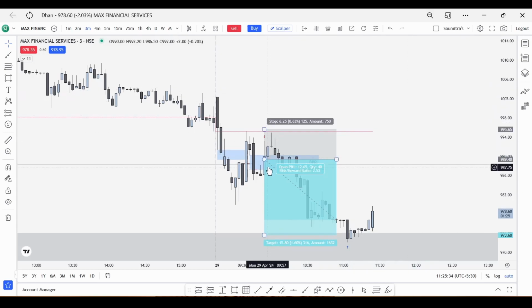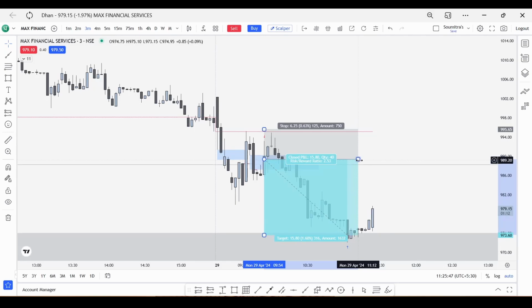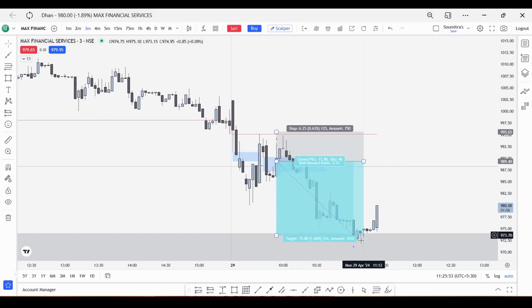Then after that, it moved a little bit in the opposite direction and almost hit my stop loss, but actually then again came back and as you can see, it actually gave me the target here.